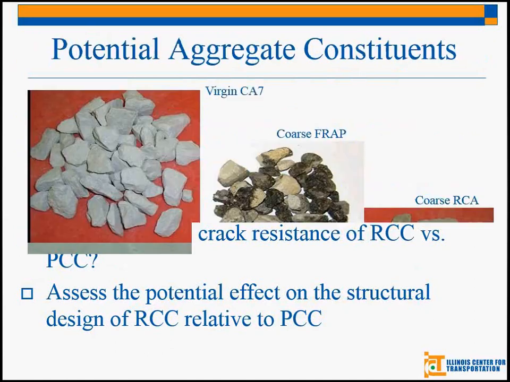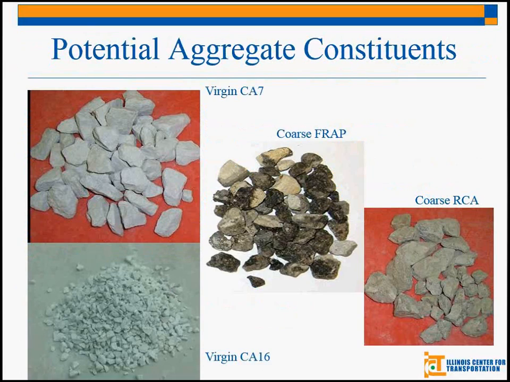So the first thing we needed to start with was our mix design, and we needed to decide what kind of aggregates we were going to use. And so for this, in the class, we made mixes with just virgin aggregates, we made mixes with virgin and coarse RAP, and then we also made mixes with RCA.